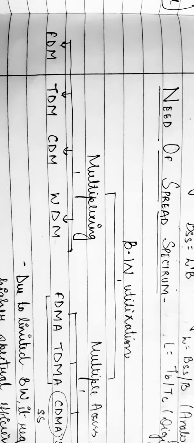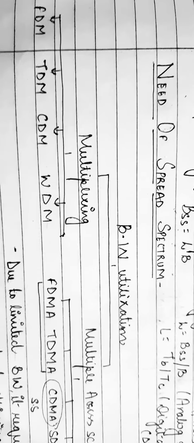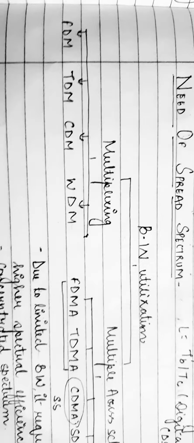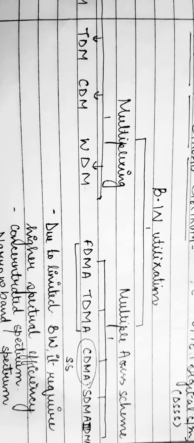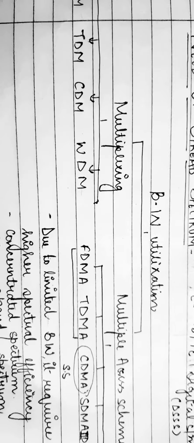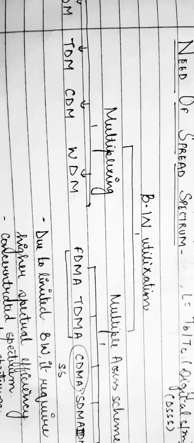The multiple access scheme is further categorized into FDMA, TDMA, CDMA, SDMA, that is space division multiple access, and IDMA, that is interleave division multiple access.